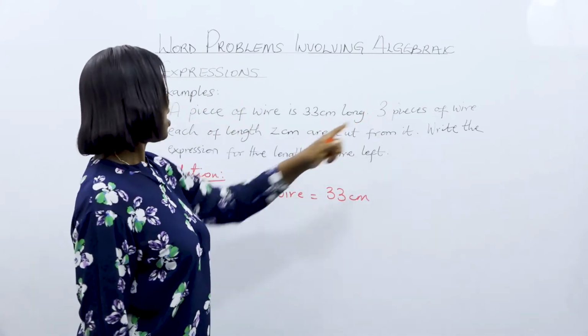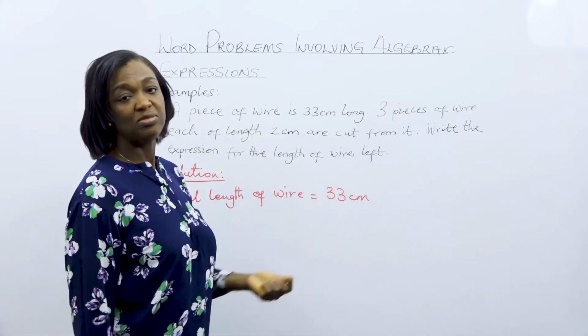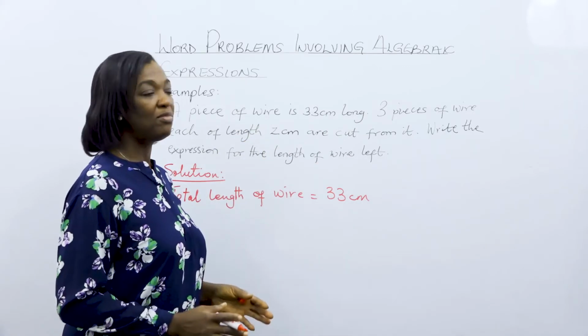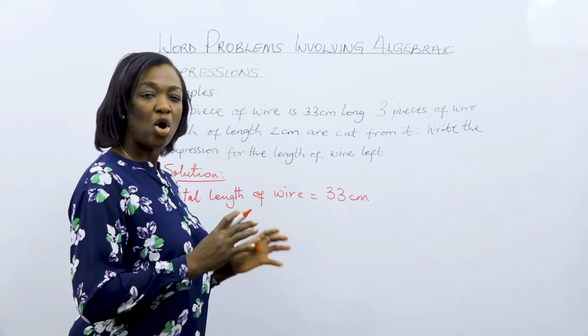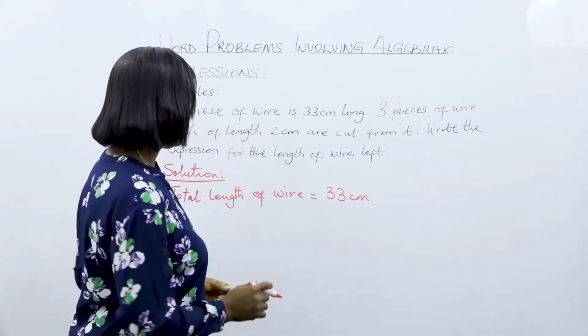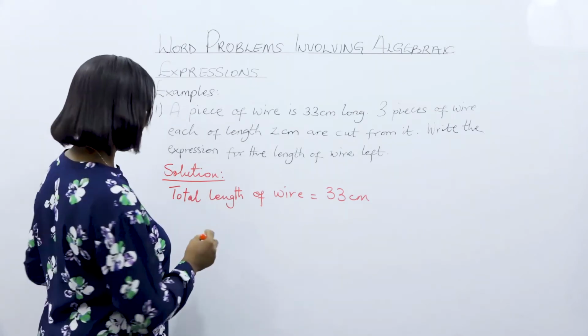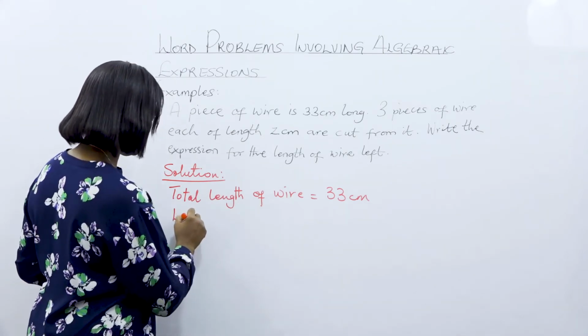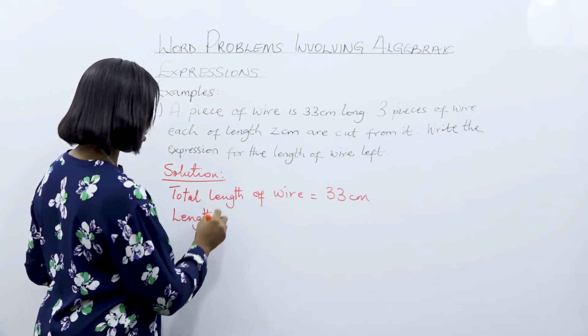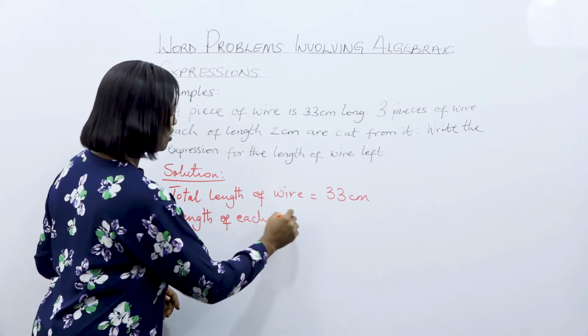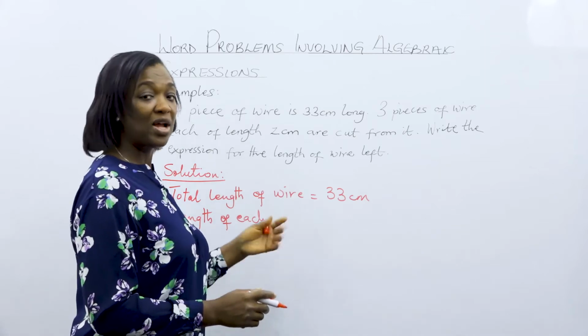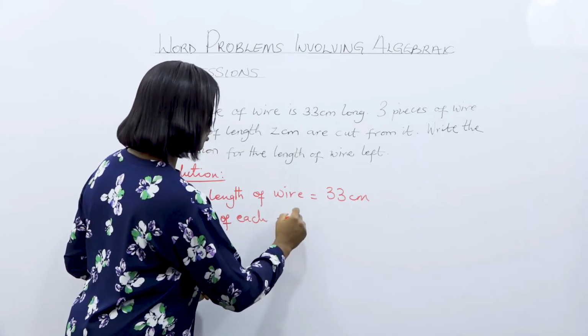3 pieces of wire, each of length z centimeters. Each of them is z. We don't know what z is. That's our unknown. That's our letter. And there are 3 of them. So length of each of the ones that have been cut out is equal to z.